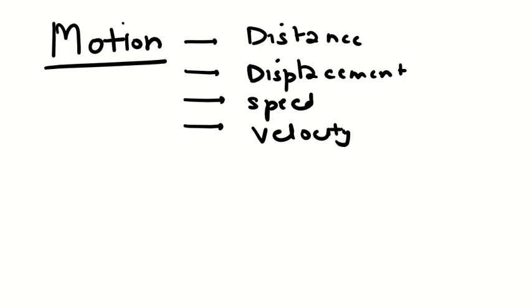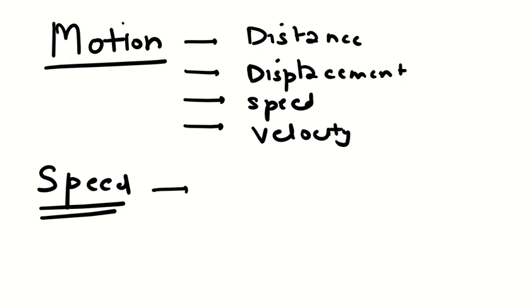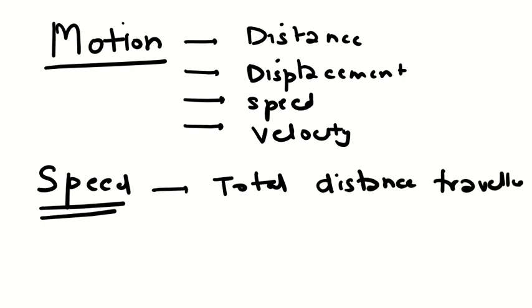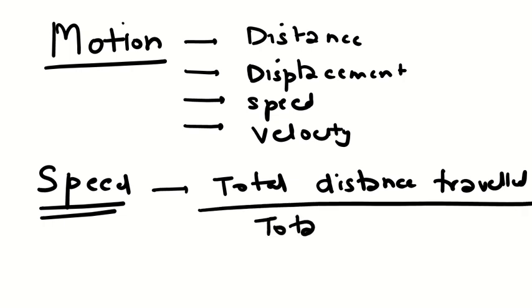So, first of all, let us quickly revise the topic speed because it is further needed in this video. What speed basically represented was total distance traveled divided by total time taken, right?